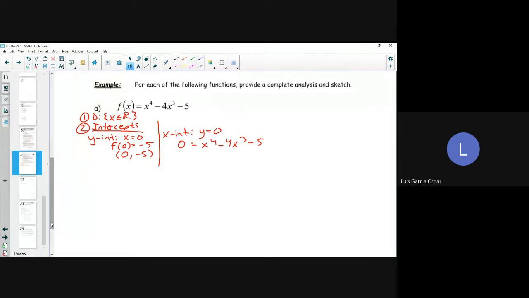Was anyone able to figure it out? Would positive 1 work? Negative 1. Negative 1 would work, I believe.